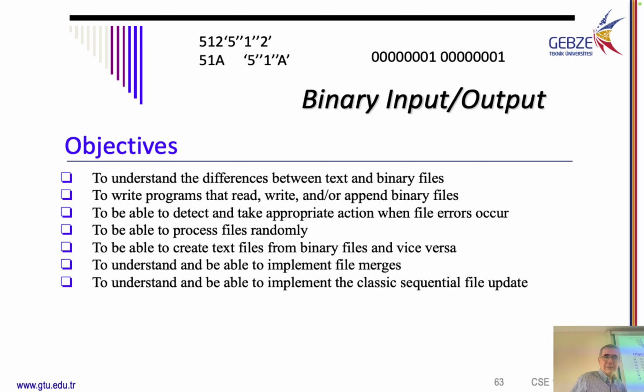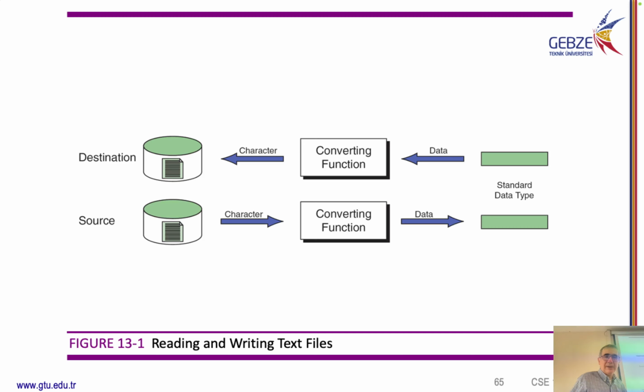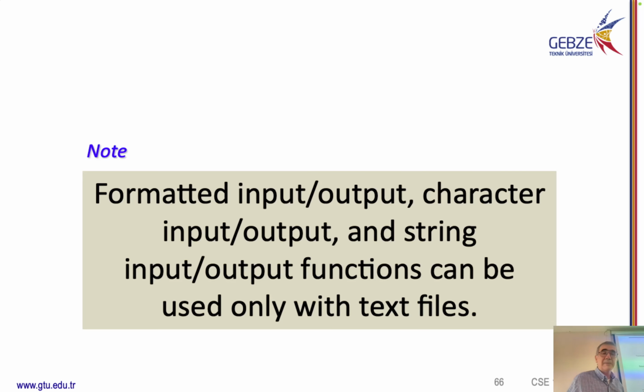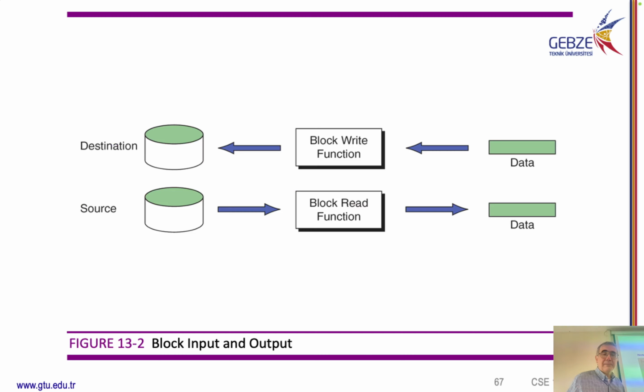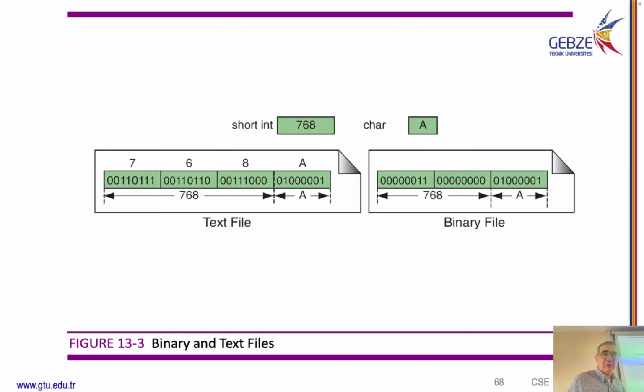Okay, let's move. Okay, now it's the binary. When working with databases, we use binary access to read and write structures and images or whatever you want, music files. So these binary reads and writes use blocks. It's a binary file.